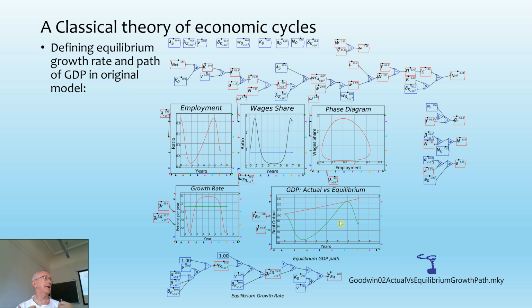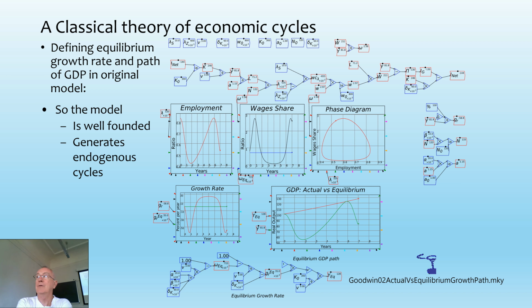So it gives you a logical reason to say, well, if you want to not have people unemployed and wasted resources and lower rates of growth, it's advantageous to reduce the scale of the cycles. So it's an argument in favour of some macroeconomic management if you can be successful, if you don't diminish other elements of the system. So again, it even gives a macro foundation for macroeconomic policy, okay, in a way that Neoclassicals can't do. So you've got a well-founded model, it generates endogenous cycles.